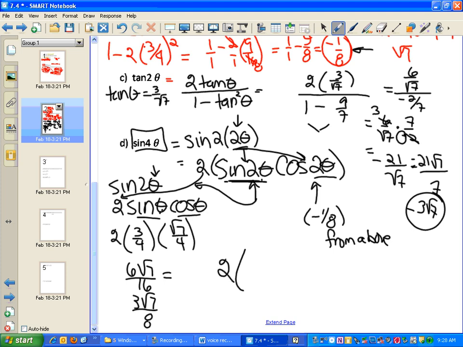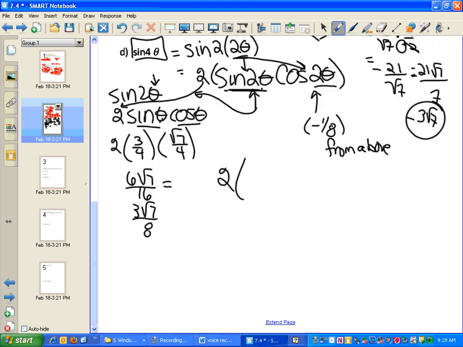Now, instead of sine of 2 theta, what am I going to write? And instead of cosine of 2 theta, what am I going to write? Do you see how I'm doing a substitution on this now?